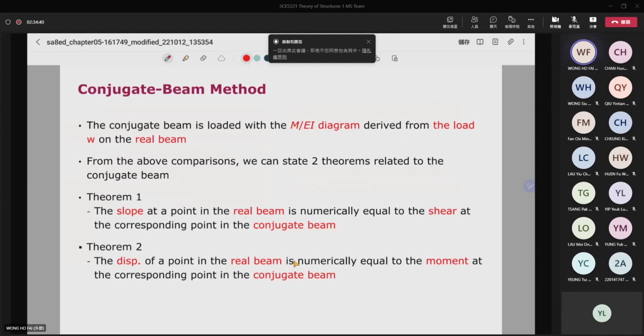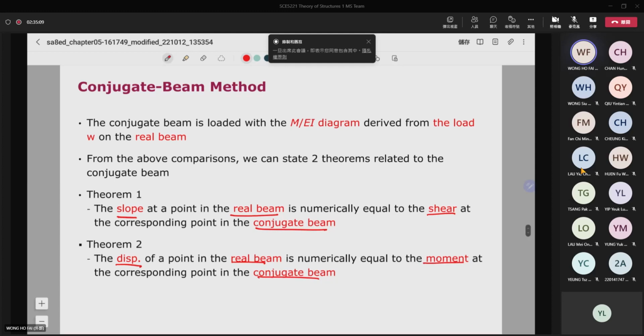For the real beam, if you want to find the slope, then we just need to find the conjugate beam shear, then we can find the answer. And for the deflection of the real beam, we just need to find the moment of the conjugate beam. Then we can find the answer.